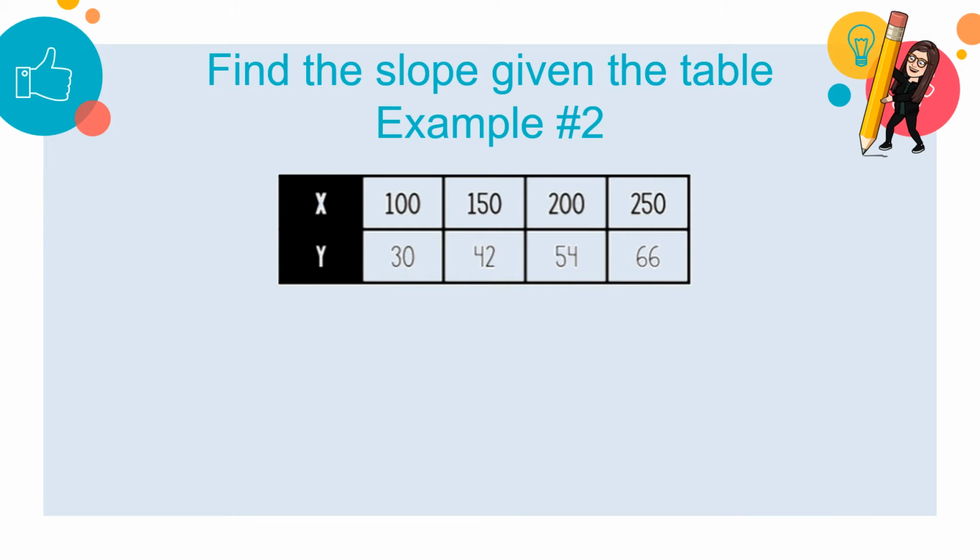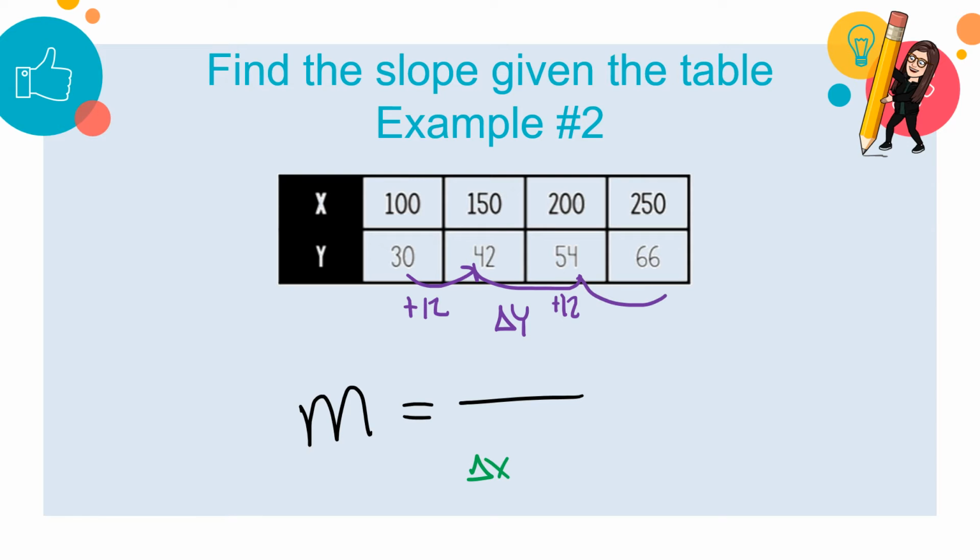Let's try another one. Same strategy, m equals fraction bar. We care about the change in y over the change in x. So let's look at the y's. I added 12. I added 12. I added 12. So a positive 12 goes on top. Let's look at our x's.